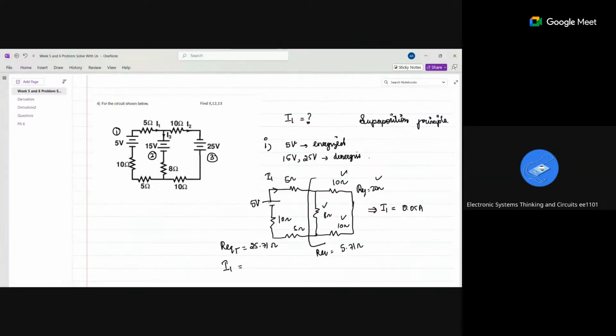I1 here is the current flowing through the whole circuit. V is equal to IR, so I is equal to V by R. So it's 5 divided by 25.71, around 0.19, right? Yes, ma'am, I'm getting the same, 0.19444.